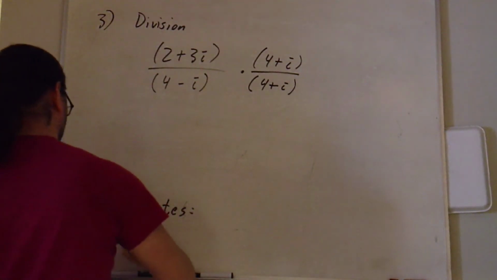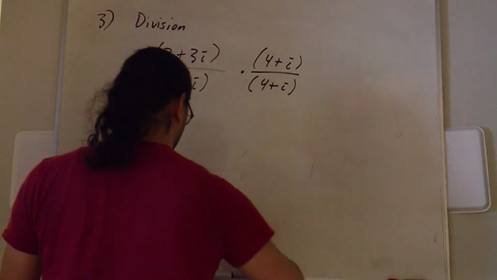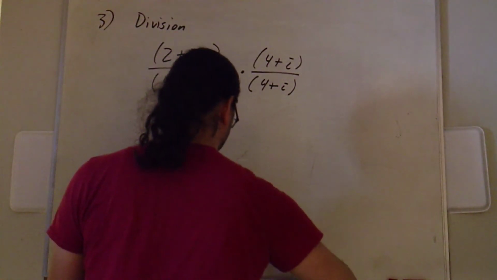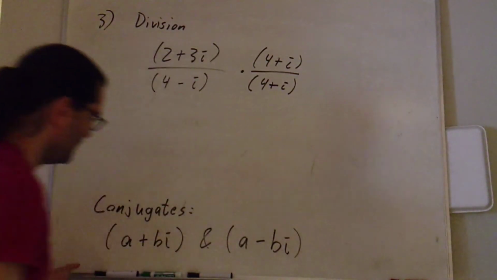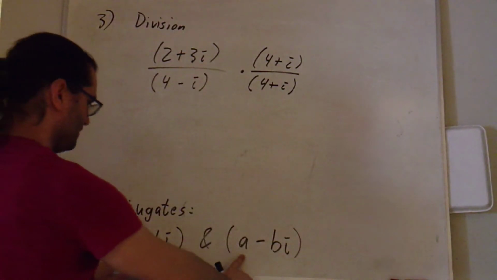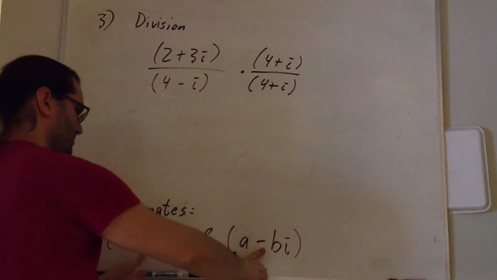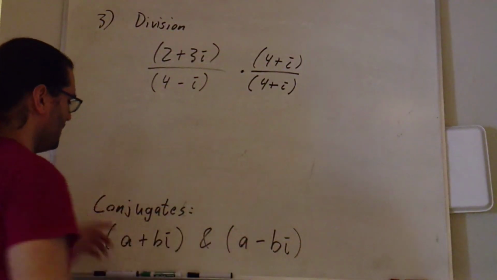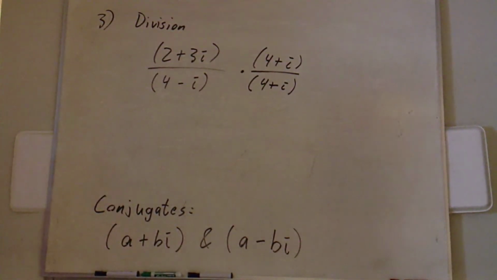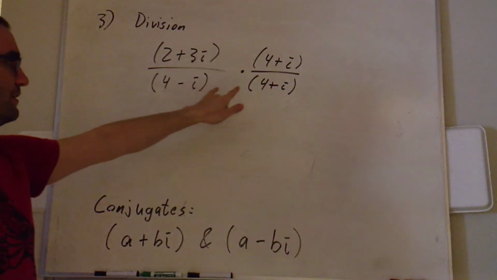Conjugates: a plus bi and a minus bi. This is what a conjugate means. You keep the numbers the same. a is still a, b is still b. You just switch the operation from plus to minus. That's called a conjugate, and the reason we're multiplying by the conjugate, I hope, will become very clear in a moment.